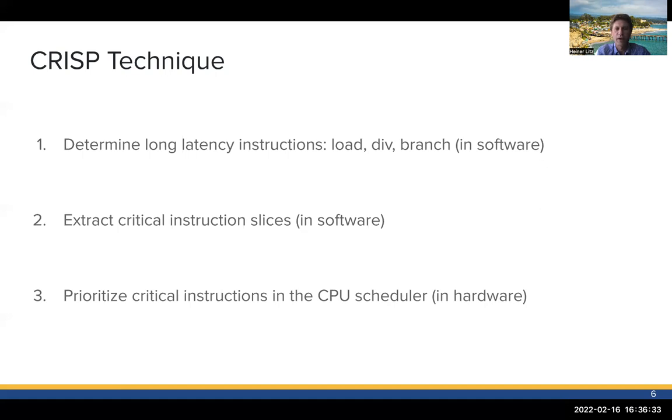We also need to prioritize the instructions feeding into that load, such as the address generating instructions. This step is also performed in software by analyzing instruction traces. And third, we then tag these critical instructions as prioritized and will enable the CPU scheduler to issue them before other instructions in the schedule. This part of the technique is implemented in hardware.